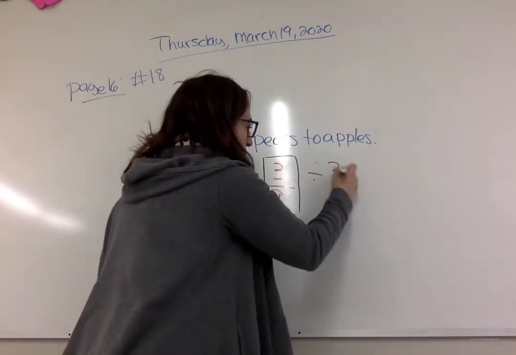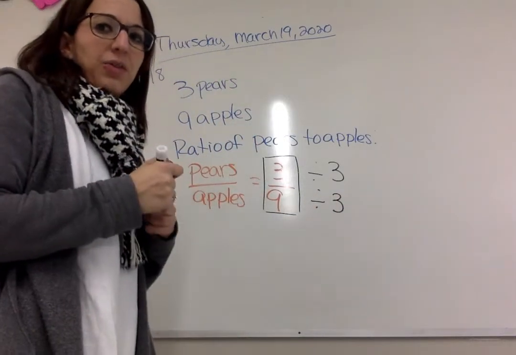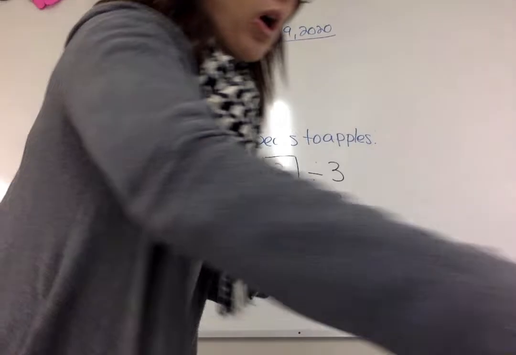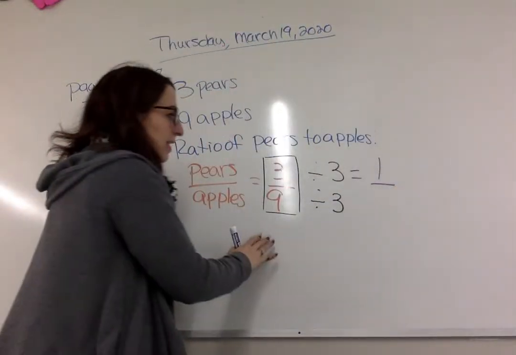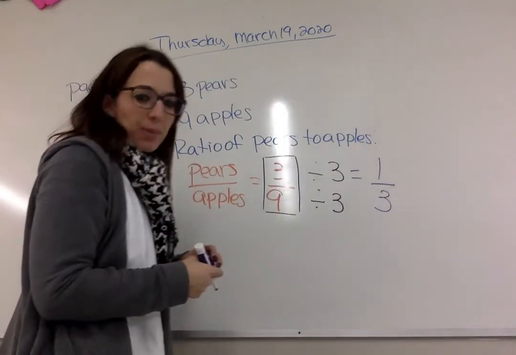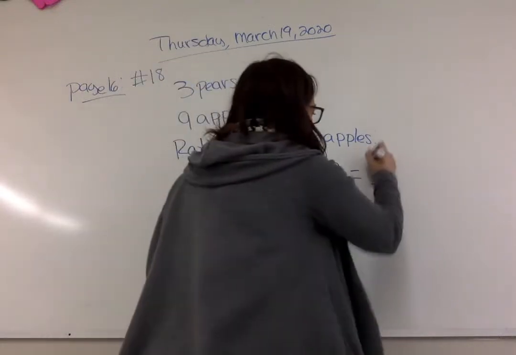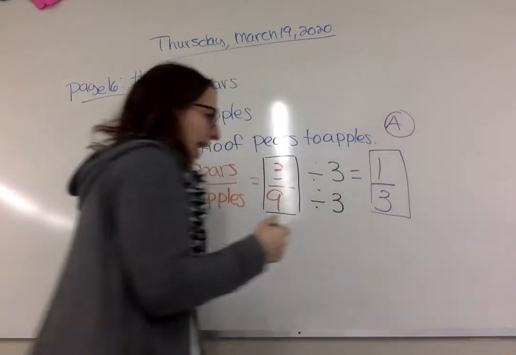I divide the numerator and the denominator by 3. 3 divided by 3 is 1, so it's 1 pear. And 9 divided by 3 is 3, which is 3 apples. Therefore, 1/3 is going to be answer choice A.